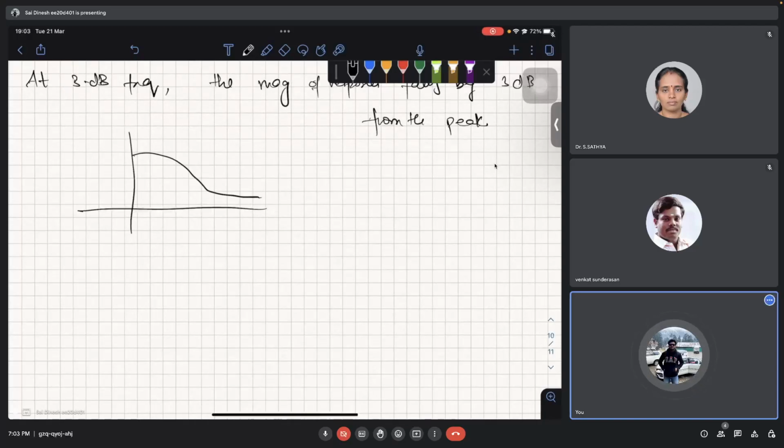So if this is a low pass system, sorry, so if this is A in dB, right? So in dB, if this is A, this is A minus 3. It should fall by minus 3 dB, or it is basically 1 by root 2 from its peak value.